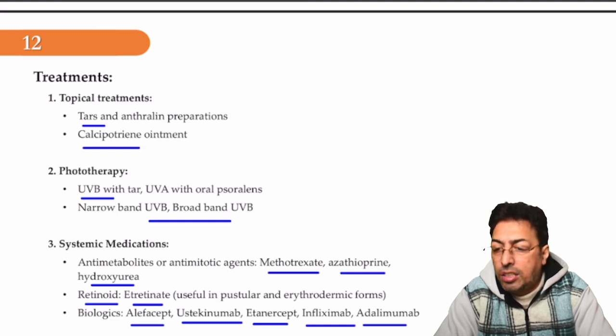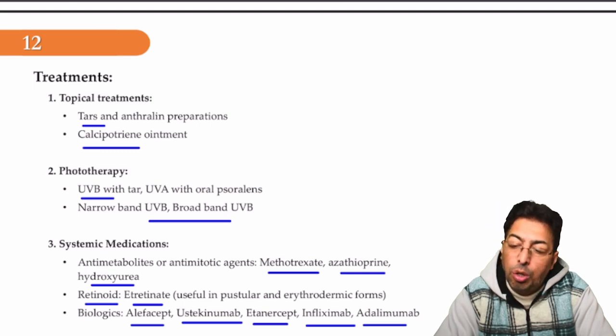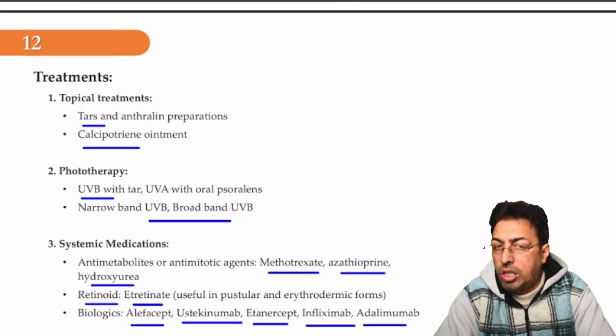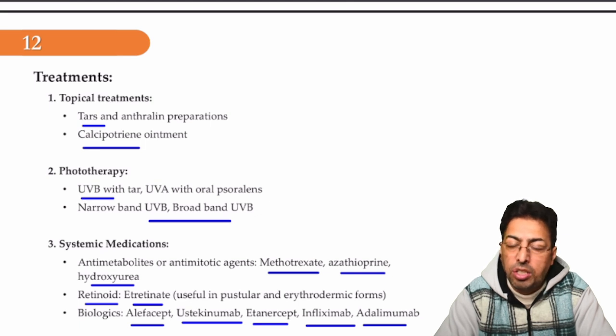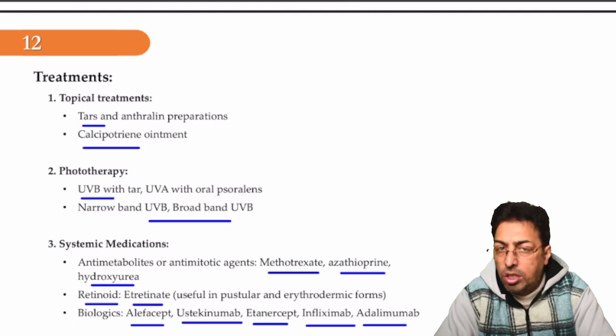Ustekinumab is another new drug which is an interleukin 12 and interleukin 23 inhibitor, and the mechanism has been asked. It is lately tried in specialized centers under supervision, and this drug has been found to have a profound effect in patients with psoriasis.